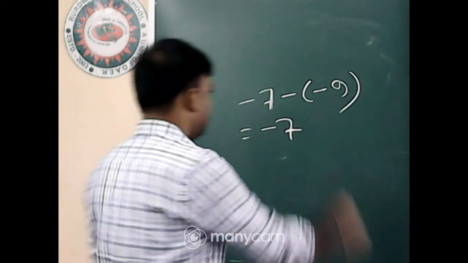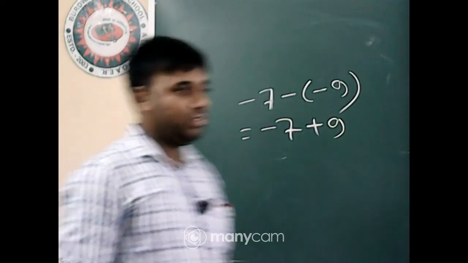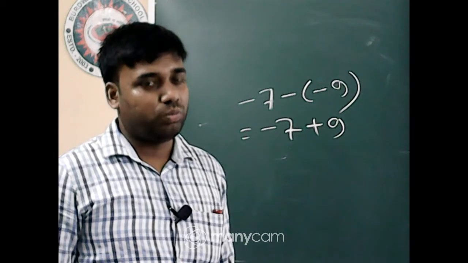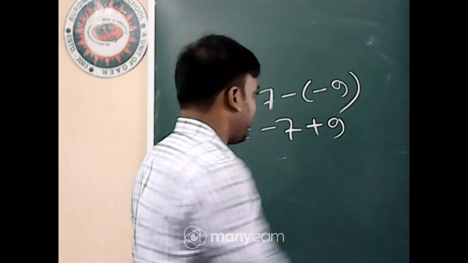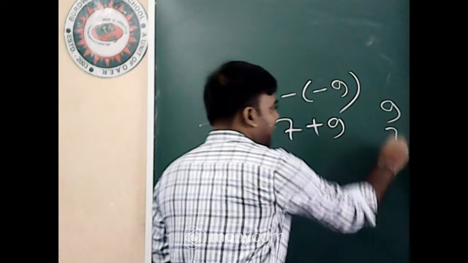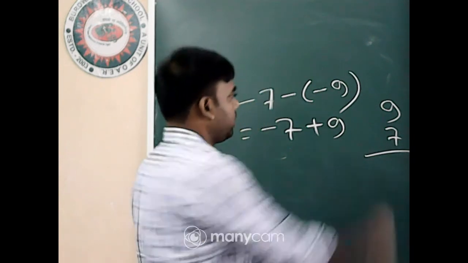Yes, +9. Okay? Now 7 in minus and 9 in plus, so both are in the opposite sign. Which one is greater? 9 is greater. And which one is smaller? 7. Opposite sign means subtraction. So 2.